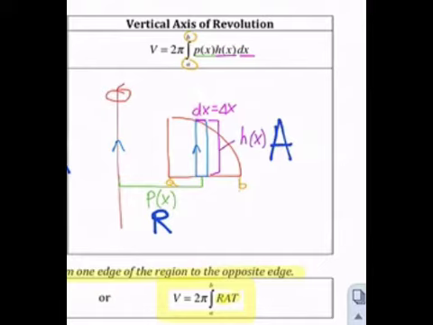And then the thickness is the thickness of that rectangle, or the width of the rectangle. And so it's always going to be delta x. So we can just use this one formula when finding the volume using the shell method. So let's give it a try.